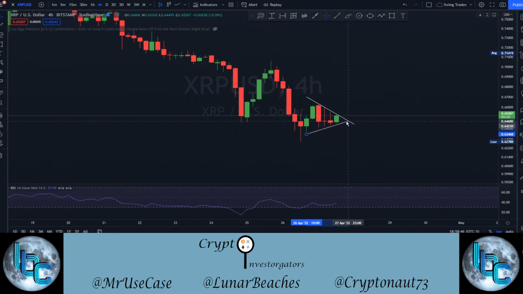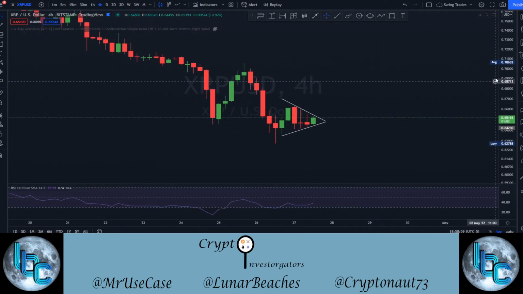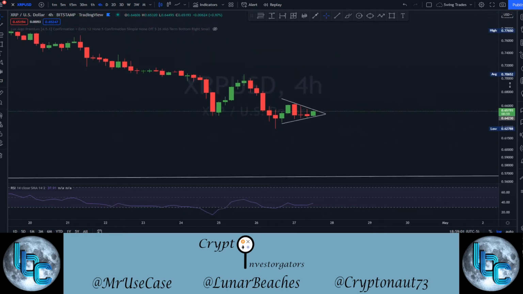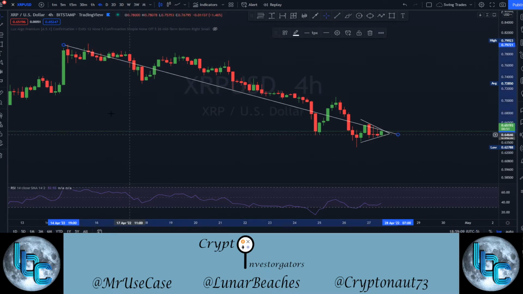You have to deal with that with crypto, these crazy wicks. Anytime I see a symmetrical triangle, that is typically a continuation of the overall trend. And as you can see, the overall trend is down.